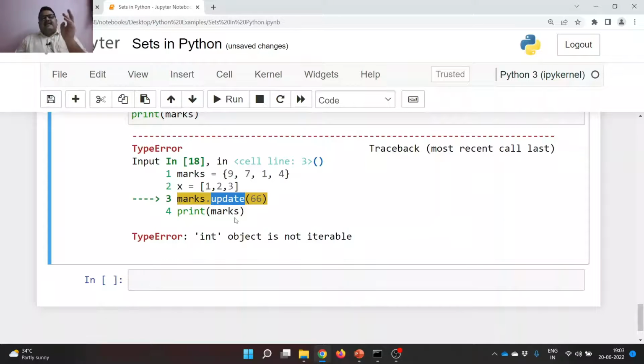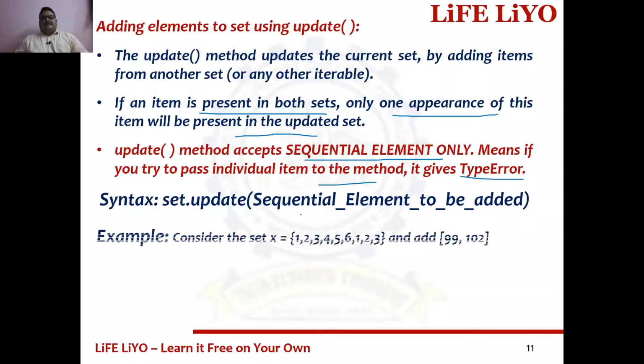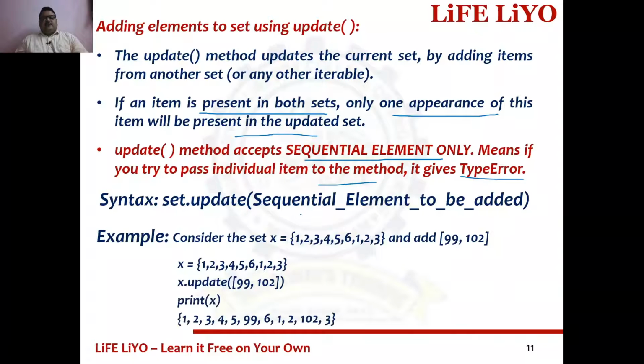That means any set or list, but here we have passed an integer, that's why it doesn't accept. If an item is present in both sets, only one appearance of this element will be present. Sequential elements only. If you try to pass any individual element, it gives an error. Syntax. Yes, we have completed this.